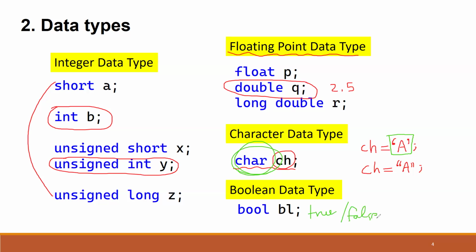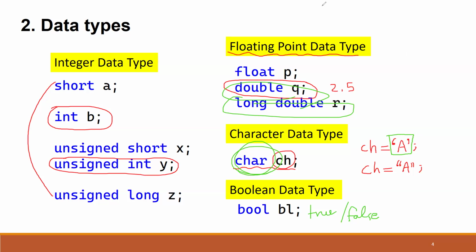Okay, guys, which data type is the largest data type? Long double. Yeah, actually long double or double. If there is the long double, long double; if there is no long double, then double will be the largest one.